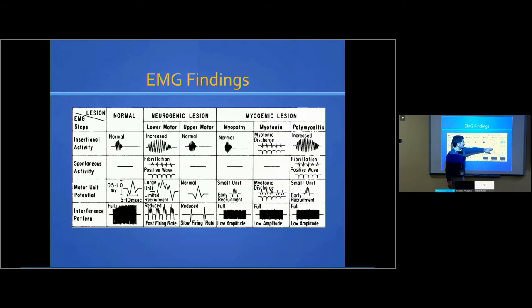In regular myopathy, we see nothing. In myotonia, we may or may not see myotonic discharges. And fibrillations and positive sharp waves also happen in myositis. Then we look at the motor units: the size, the amplitude, the duration, and how many times it takes turns. Those are the things we're looking for.